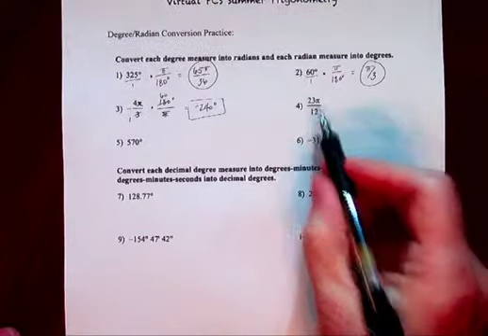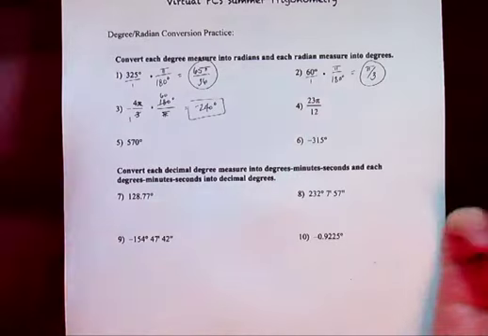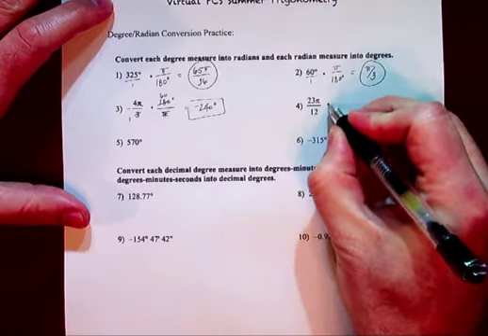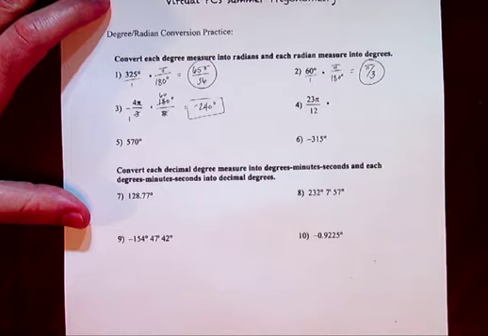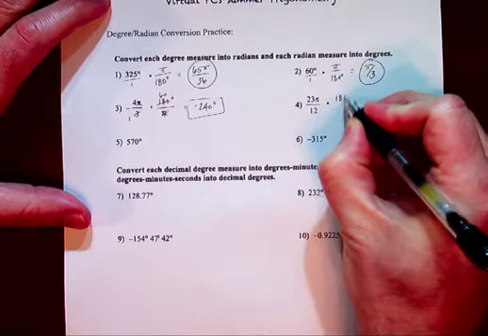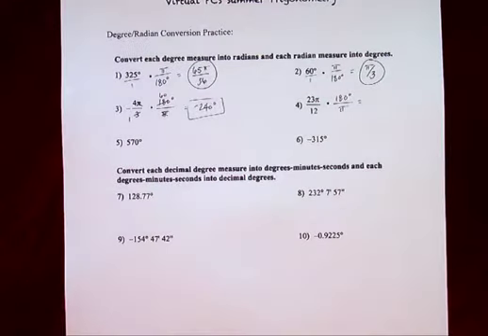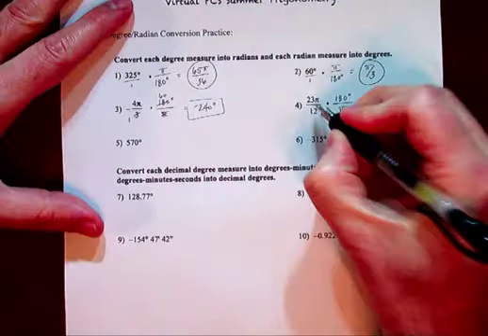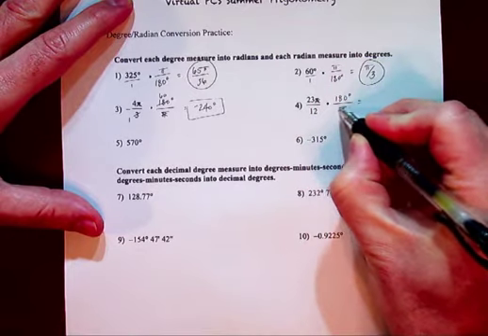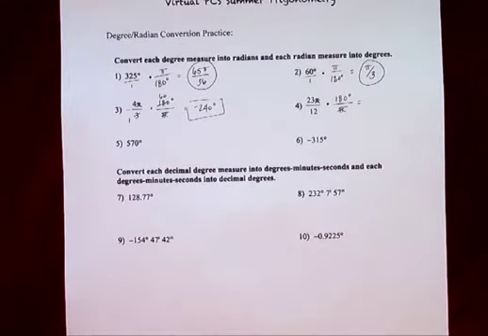Okay, let's move on to one more. We have 23 pi over 12. Again, since we want our answer to be in degrees, that is going to be the unit that we put on top of our conversion ratio. We see the fact that pi and pi cancel out. 12 does go into 180.